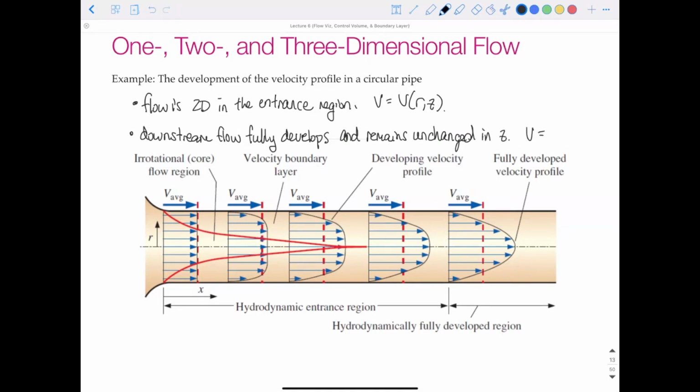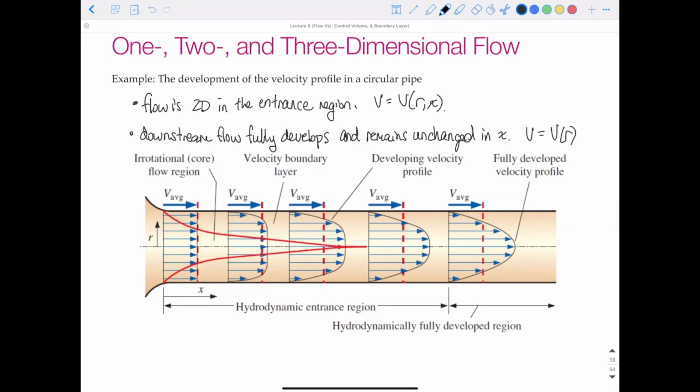So our velocity field now just becomes a function of our radius r. So it's one dimension. So if we think about this, our flow velocity, our flow field, our function at each snapshot, I guess I wrote z, but it shows x here. Let me just change that to x.